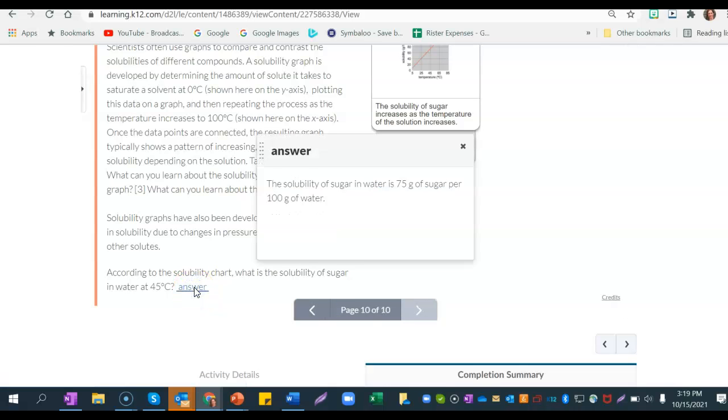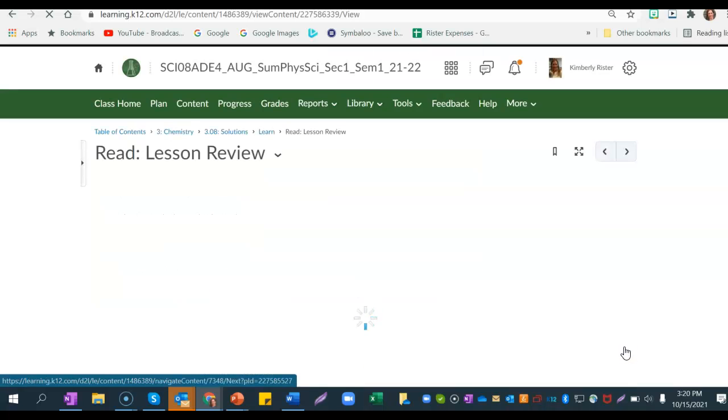So about 75. So the solubility of sugar in water is 75 grams of sugar per 100 gallons of water. I'm assuming that's gallons. All right, so we've got several things there answered. Also in that last guiding question, you're able to answer how you use those graphs. And then we're going on to the lesson review.